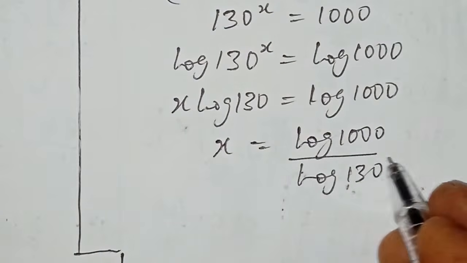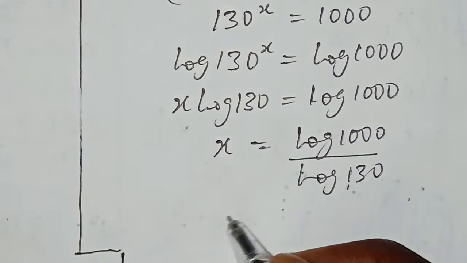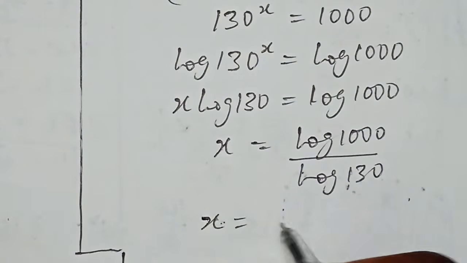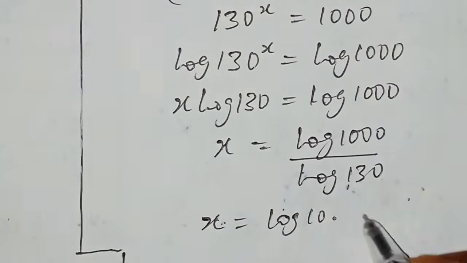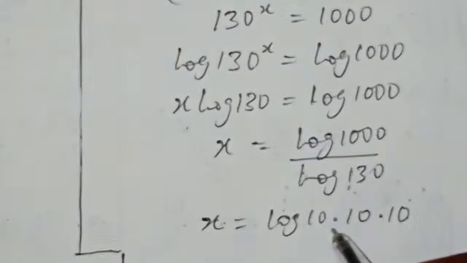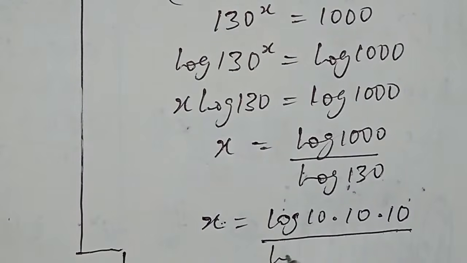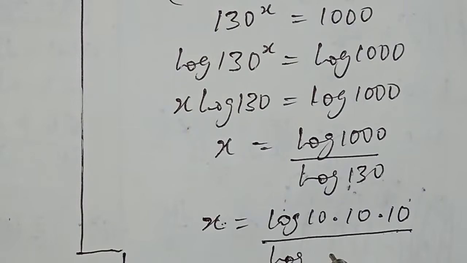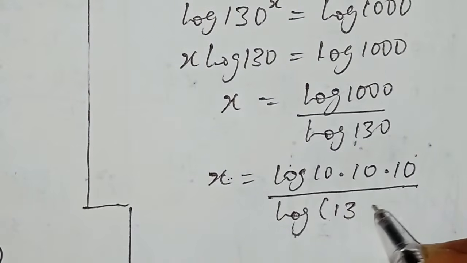Now we need to simplify the right hand side. So to do that we have x equal to log of 10 multiplied by 10 multiplied by 10, which is log 1000, over log 130, which can also be simplified as 13 multiplied by 10.